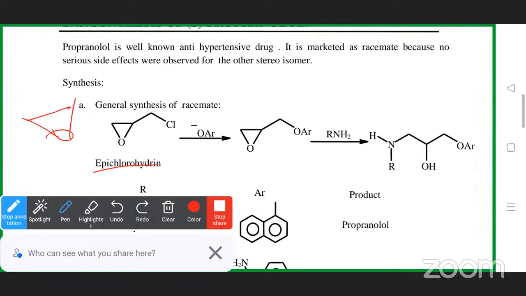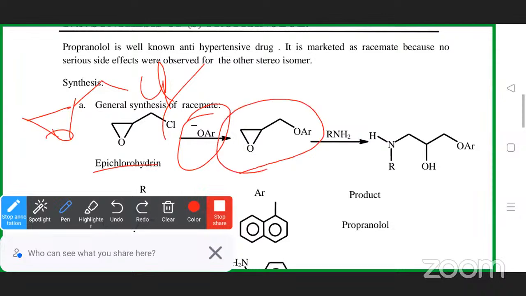Okay, so this epoxide ring is attached with the methyl chloride, right? And a very simple substitution is done with the phenoxide ion, where the chlorine is substituted with the phenoxide ion, and we are getting this particular epoxide methyl phenoxide here.